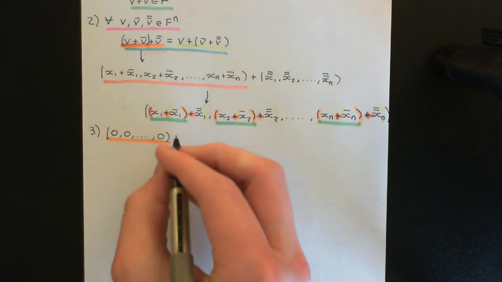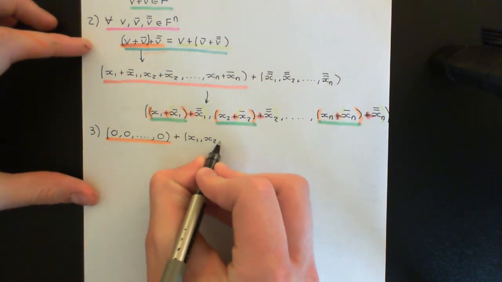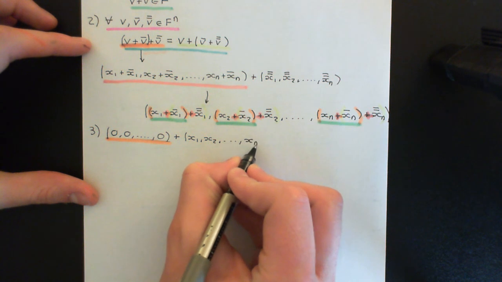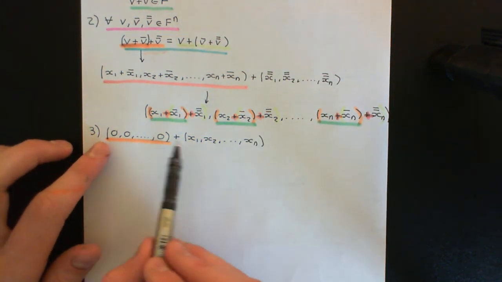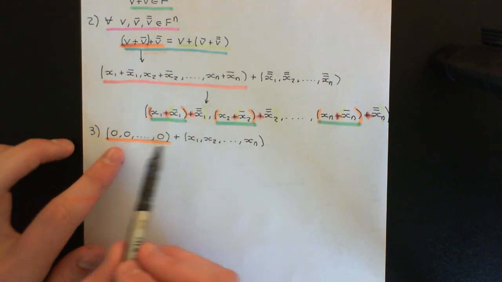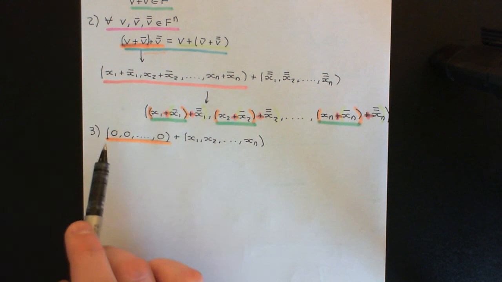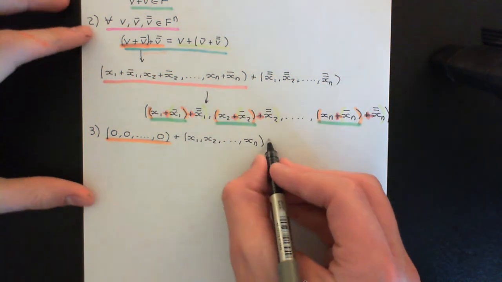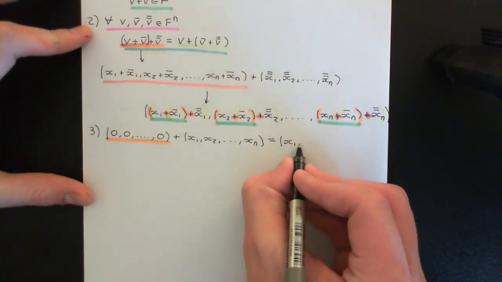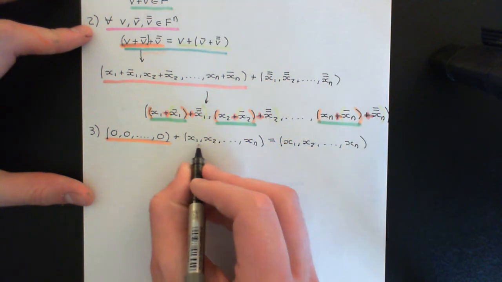The reason is, if we add this to any other vector, let's take x1, x2, all the way up to xn, we'll do it component-wise, so we'll add 0 to x1, 0 to x2, 0 to xn. Of course those additions are in the field, but 0 is the additive identity in the field, so we'll get all of the same entries back again. The answer will just equal x1, x2, all the way up to xn, i.e. it won't have changed this vector at all.